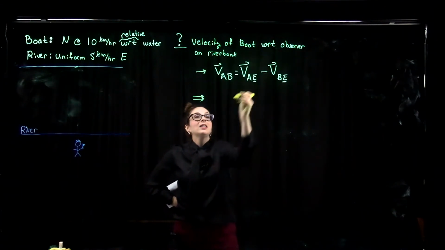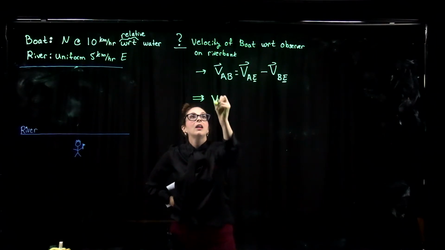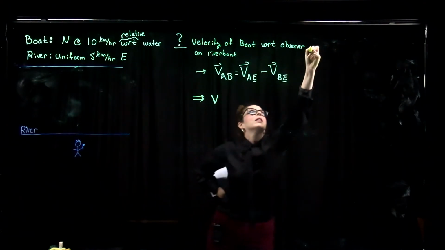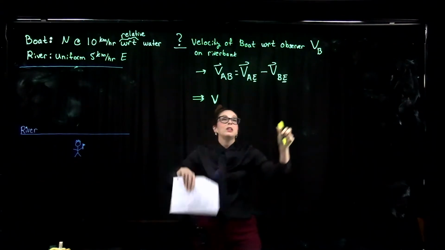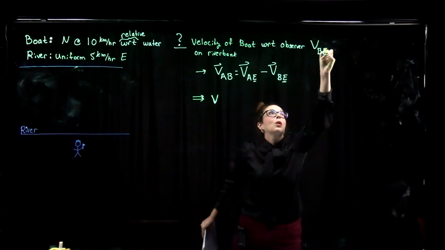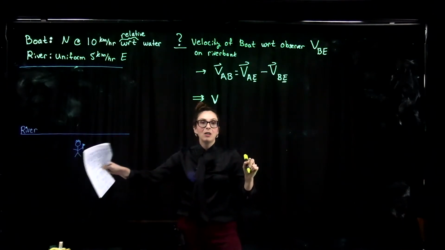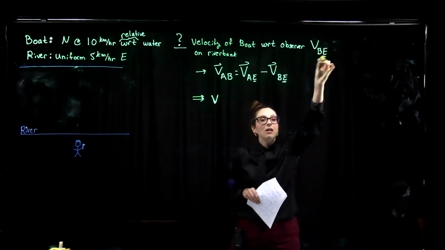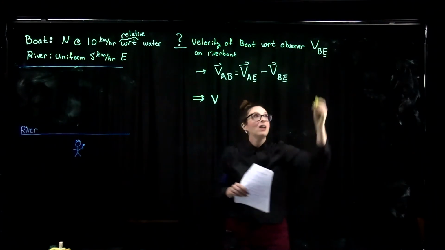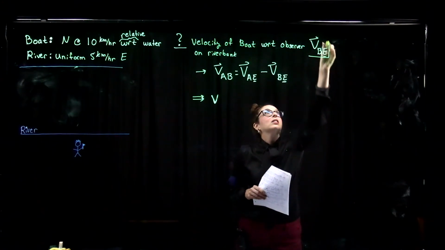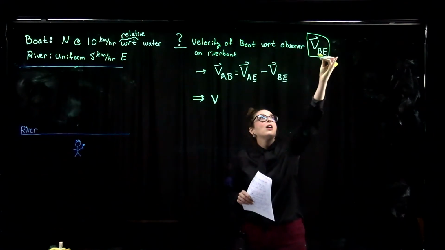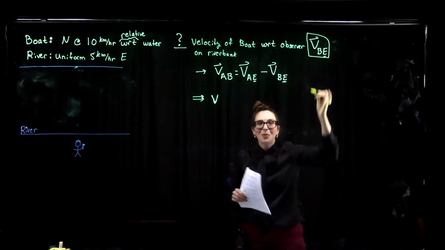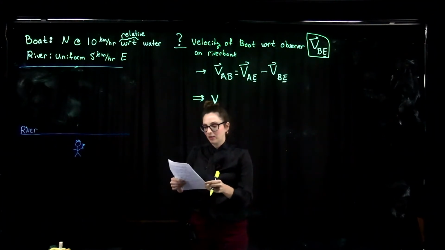We want the velocity of our boat, we'll call this B for boat, the velocity of our boat with respect to the observer on the riverbank. And so if the observer is stationary here, we're going to represent that as E right here because that person is stationary on the Earth. So we're looking to solve V_BE in this case, the velocity of our boat with respect to the observer on the riverbank.